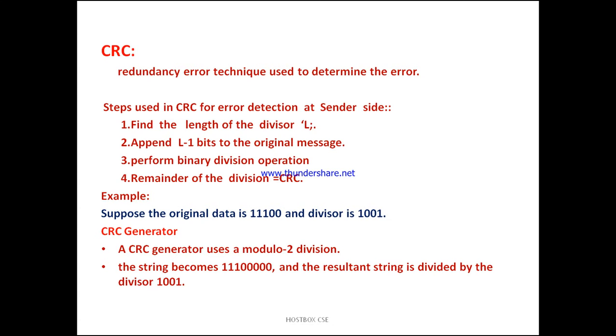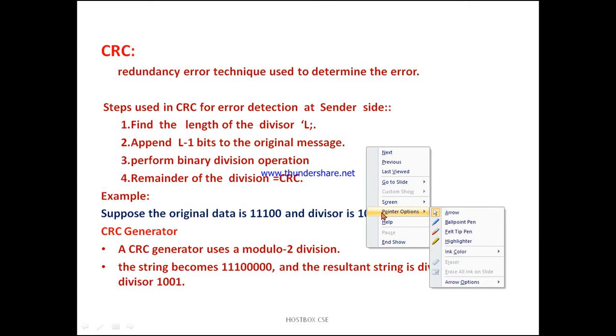Before going to this example, let me explain the binary division operation. When we go for binary division, we have to take care of the XOR operation, the exclusive XOR operation. In the previous session I also told you something about the XOR operation.